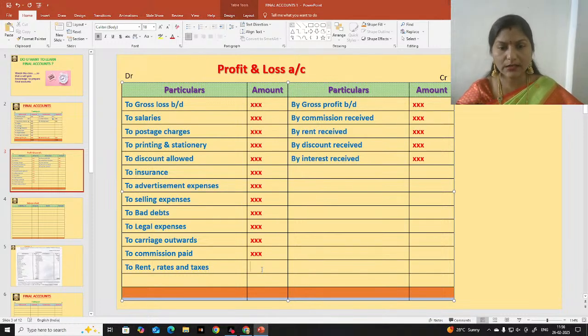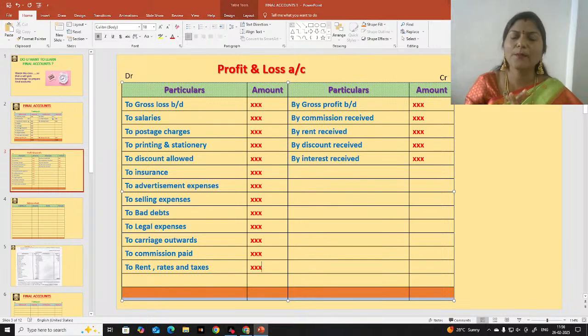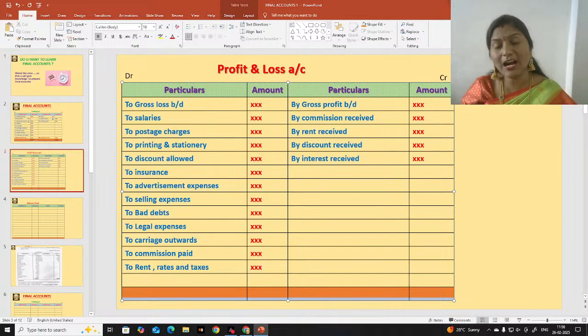Okay, these are some other items. So you should remember these items, the minimum number of items, so that you can do the solution easily. There are so many other items also, but if you want to do the solution easily to some extent, these are the minimum and compulsory items that you should remember. Then you can do the solution perfectly and easily.